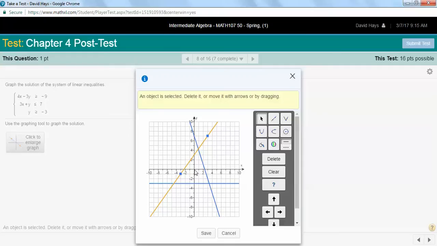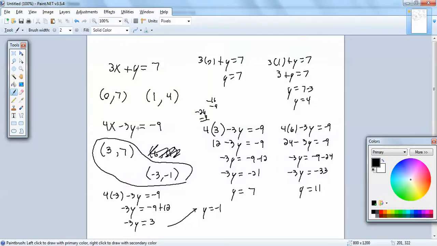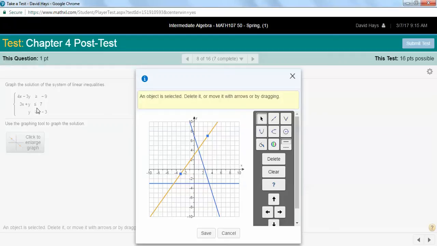If I pick a test point from in here, 0, 0. Well, if I put 0, 0 in, 0 is greater than or equal to negative 3, so that checks. 3 times 0 plus 0 is 0, and 0 is less than or equal to 7. If I put 0 here and 0 here, 0 is greater than or equal to negative 9, so that checks.